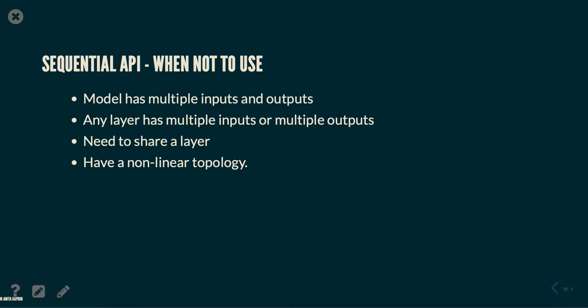So in essence, we cannot use the Sequential API when we have a non-linear topology. I hope the Sequential API is clear to you. We'll be using the Sequential API to train our models in the second module.